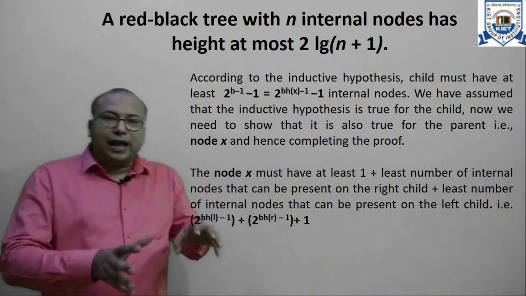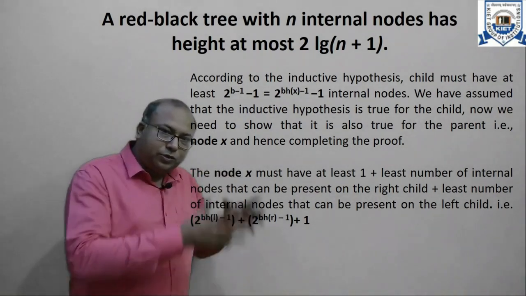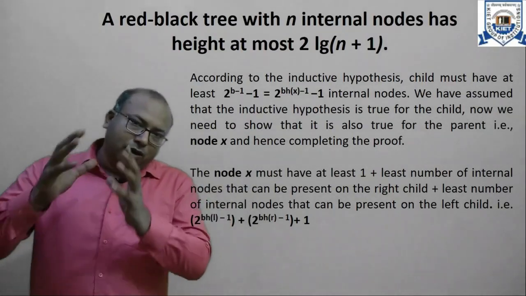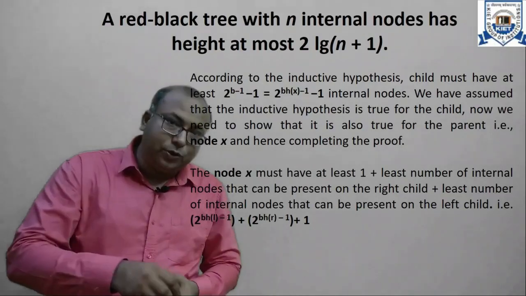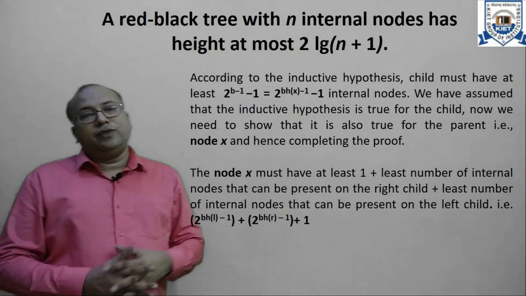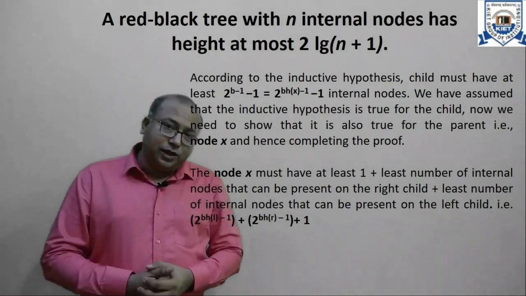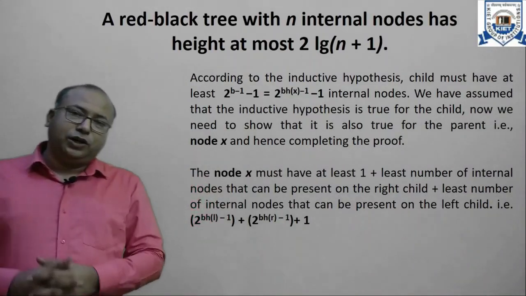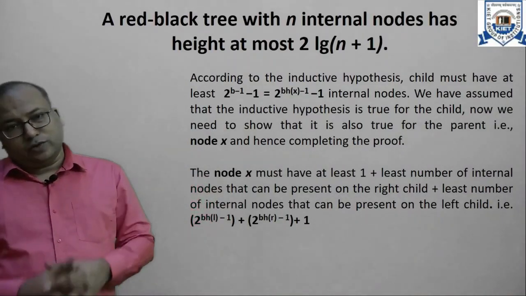So how many internal nodes can a root node have? A root node has the number of internal nodes present in the left subtree plus the number of internal nodes present in the right subtree plus that node. So the number of internal nodes will always be greater than or equal to the number of internal nodes in the left subtree plus the number of internal nodes in the right subtree plus 1.